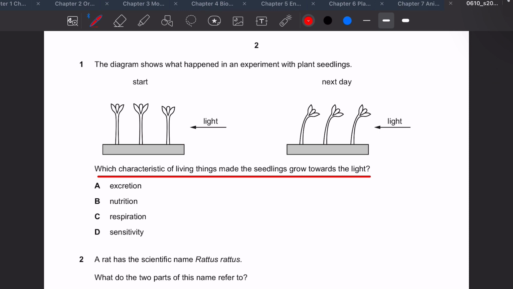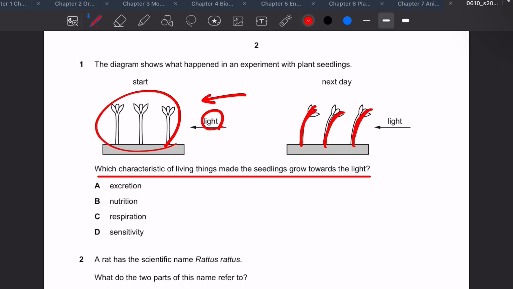When you think about this, there are plants, and they are making a response towards the light. The light is coming from the right side, and they are bending towards the light.